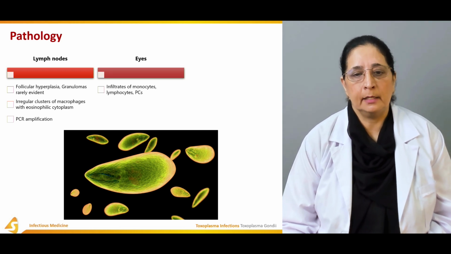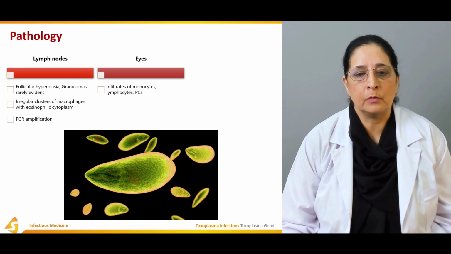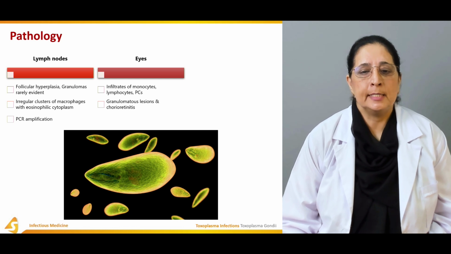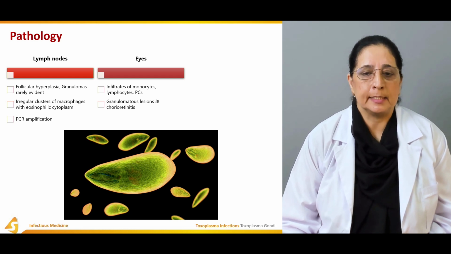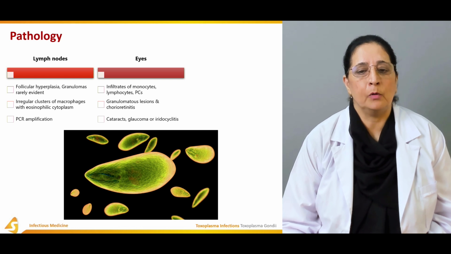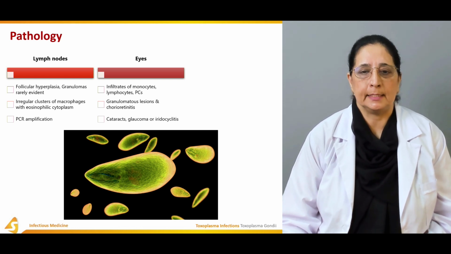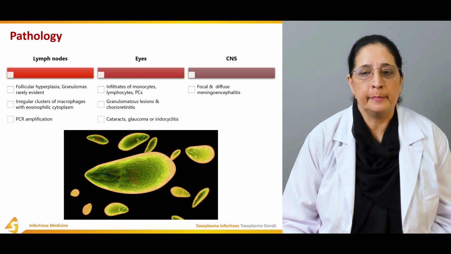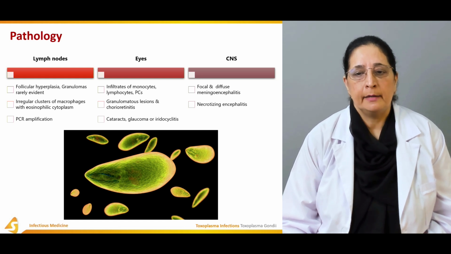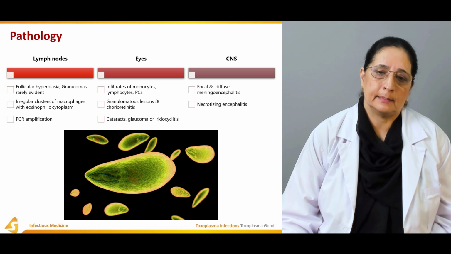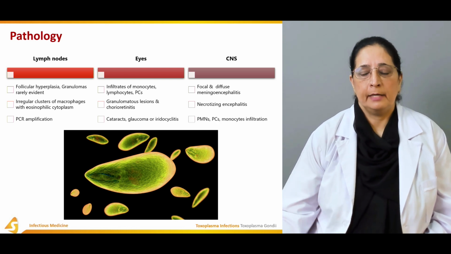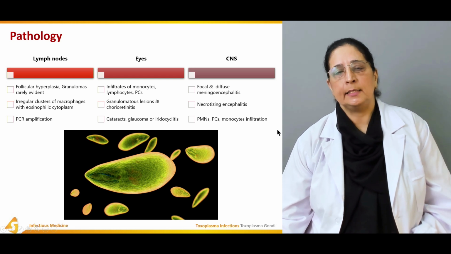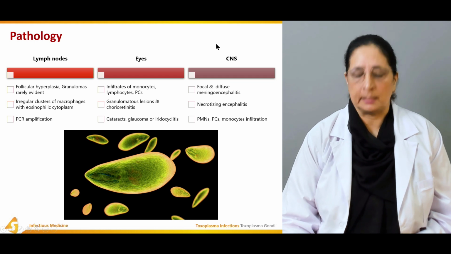In the eyes, there are infiltrates of monocytes, lymphocytes, and plasma cells, with granulomatous lesions and chorioretinitis, cataract, glaucoma, or iridocyclitis. In the central nervous system, focal and diffuse meningoencephalitis and necrotizing encephalitis are present, along with polymorphonuclear cells, plasma cells, and monocyte infiltration.